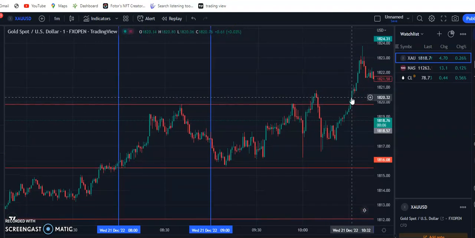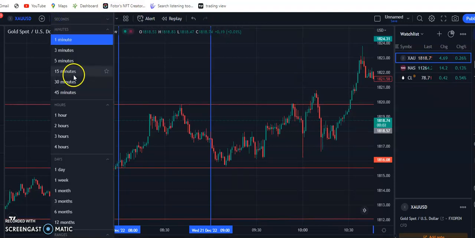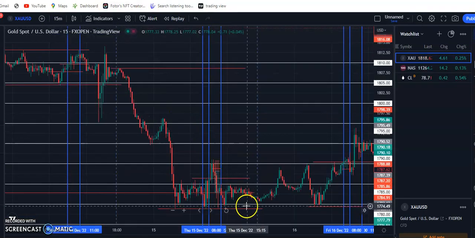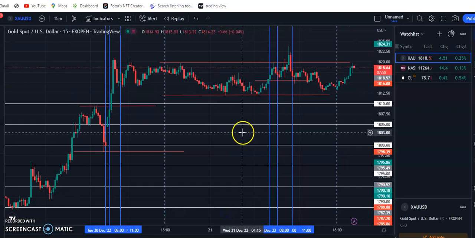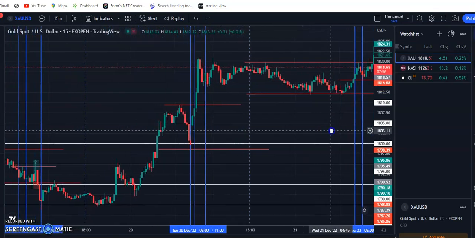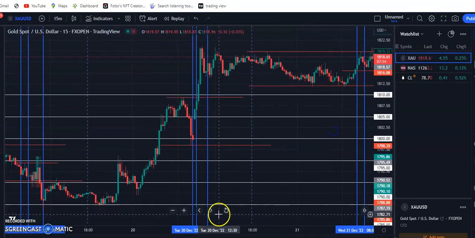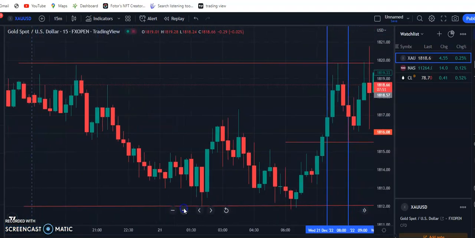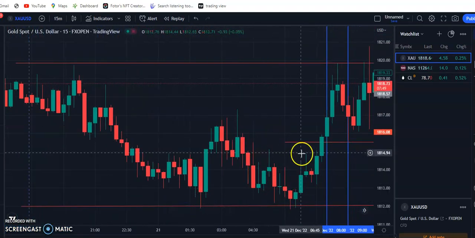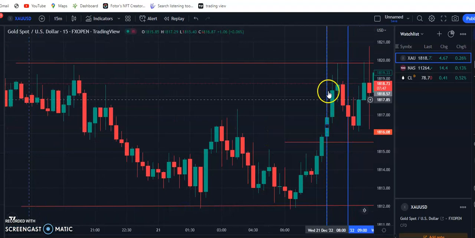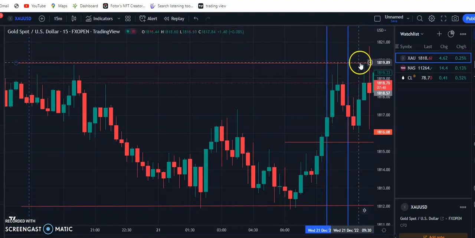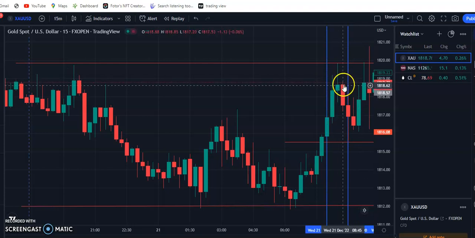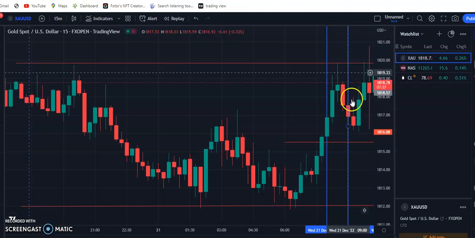When you look at this in the 15-minute time frame, you can understand what's really happening. This was our first move, our second move. Now we want our third move to move higher than the previous higher high.